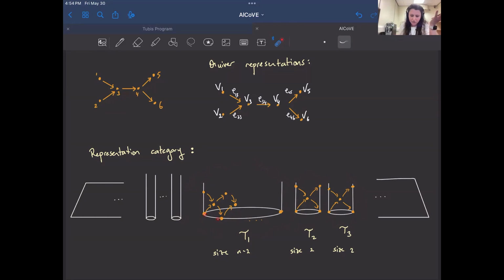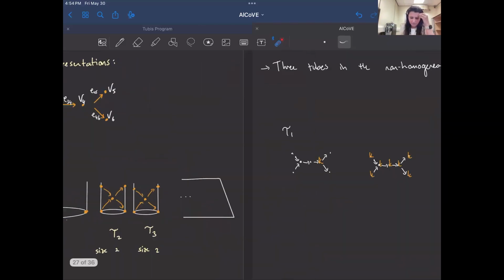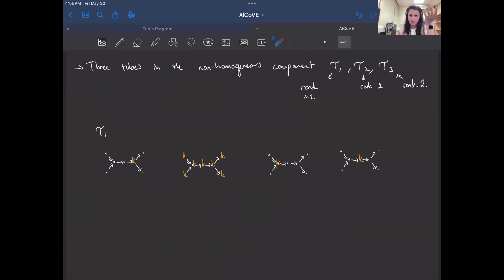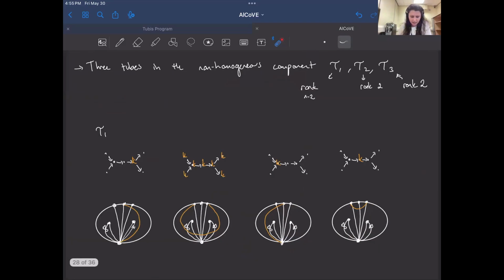So these are representations over this graph. We have to output a number from each representation. Roughly speaking, we do this by counting the number of submodules. We have to be careful, it's not as simple as this, but basically it boils down to counting submodules, and how they look in this big tube.